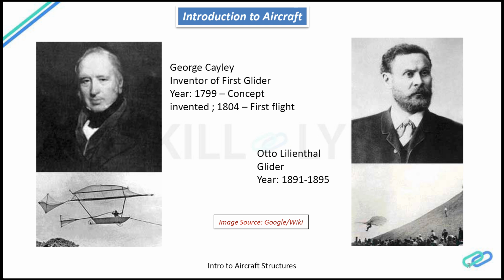And then further in 1891 and between 1895, Otto Lilienthal developed a glider which is attached to the back of the person, and they have to run and jump from an elevation, and then they could fly for a few seconds and land.